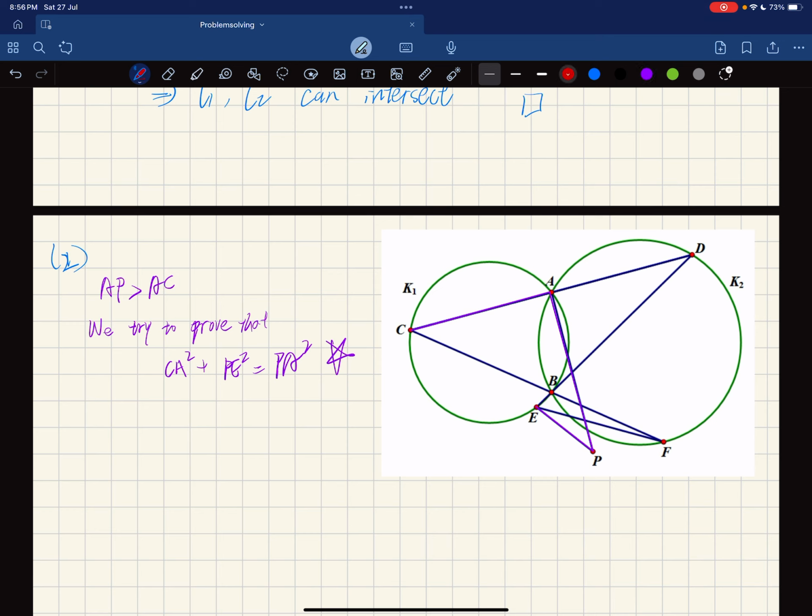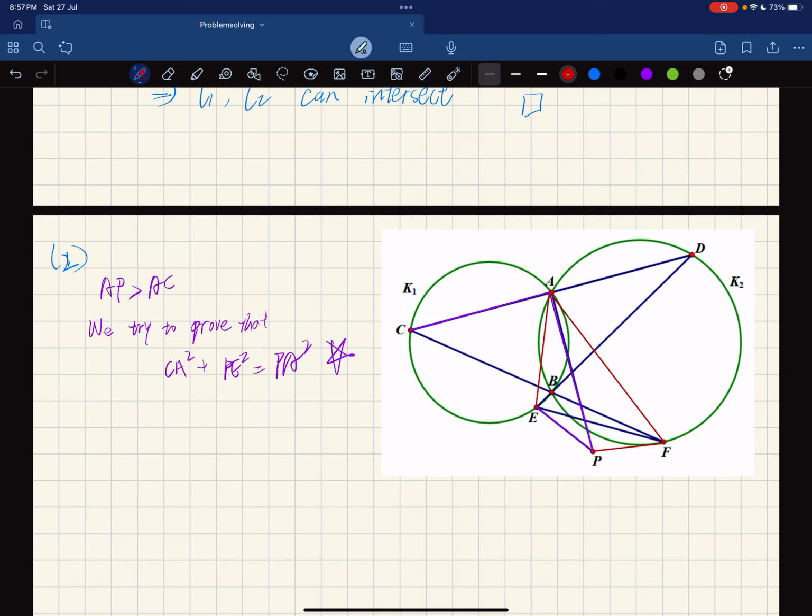I can give you some hints. Like if we connect the points AF, AE, and PF.